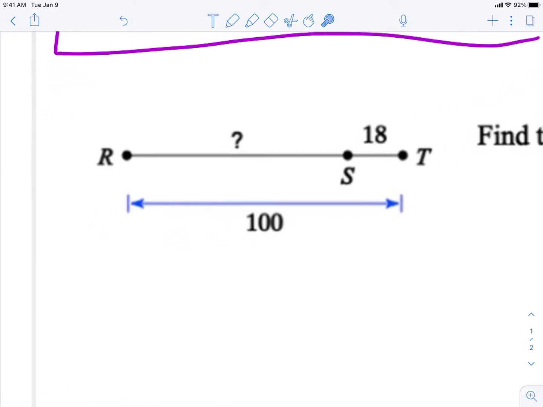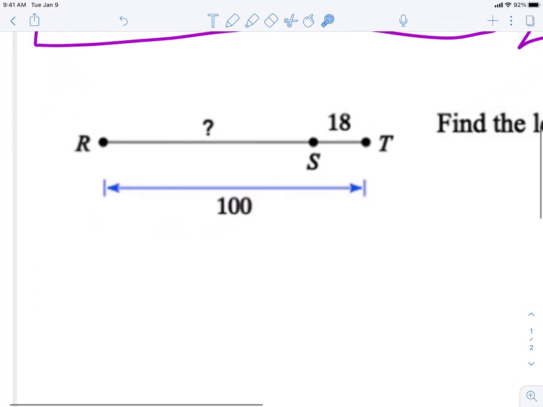So our first short segment goes from the first point to the middle point, which is RS. So we write down RS with a line over it. That means segment. So this is segment RS, and that's the first short.